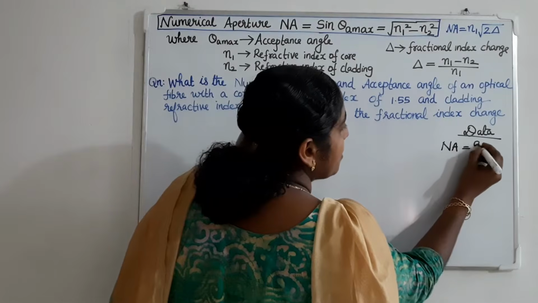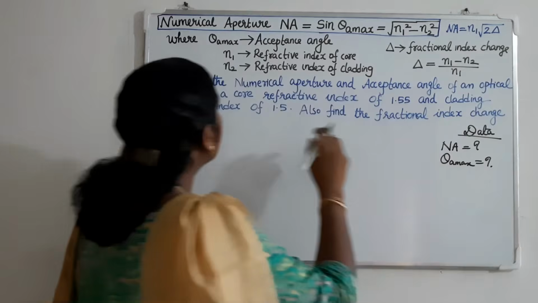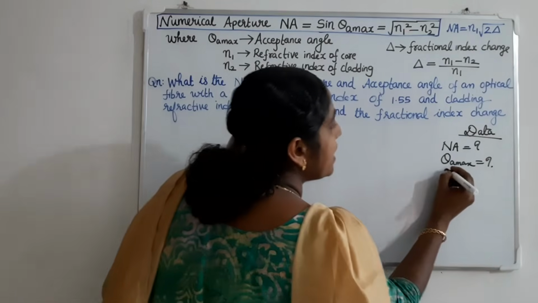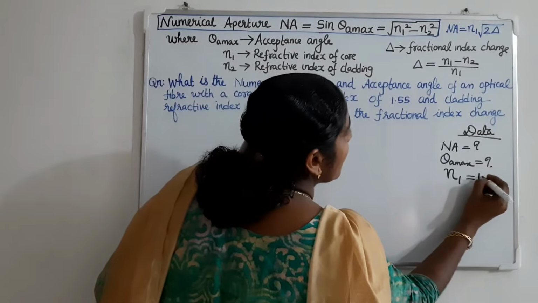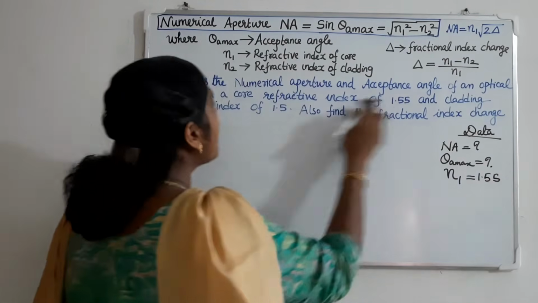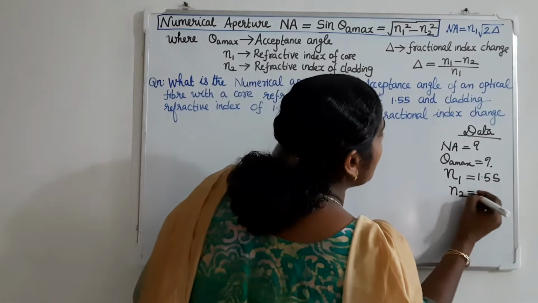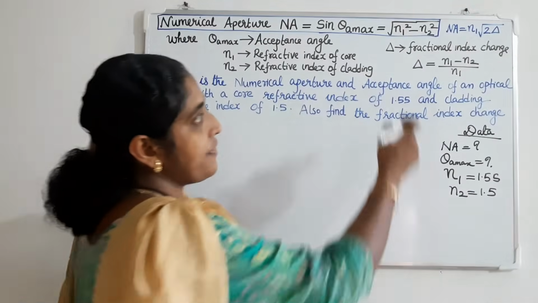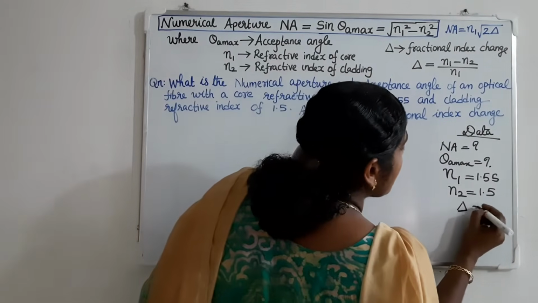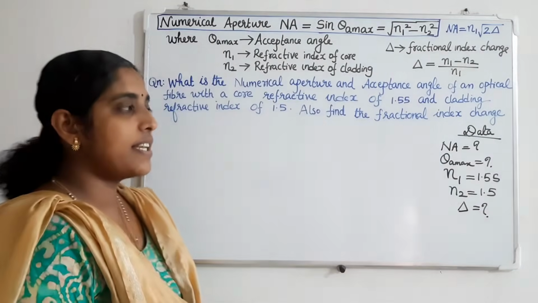So we have to find out the numerical aperture and acceptance angle with a core refractive index, that is n1 equal to 1.55, and cladding refractive index of 1.5, that is n2 is equal to 1.5. Also find the fractional index change. Fractional index change is delta. So here we have to calculate a numerical aperture, acceptance angle and fractional index change.